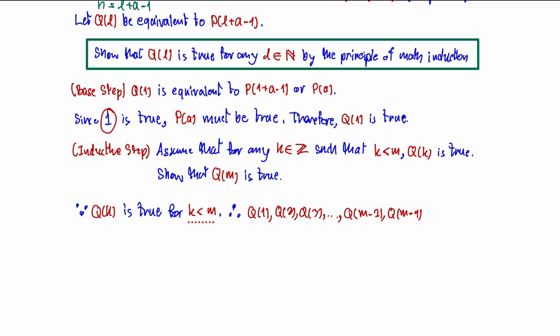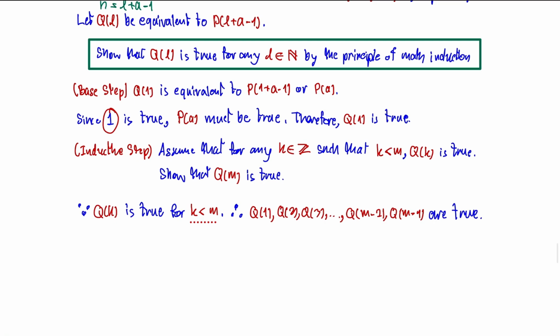And we know that Q of L is equivalent to P of L plus a minus 1. So we get to have statement P corresponding to these statement Qs. So now these statement Qs are true.